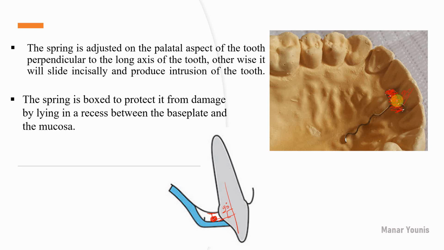A layer of wax is placed, keeping the retentive arm and the tag free from wax. This wax will be covered by the acrylic base plate. So the spring will finally lie in a recess, as you can see in this figure, between the acrylic base plate and the gingiva. This will protect the spring from damage and distortion.